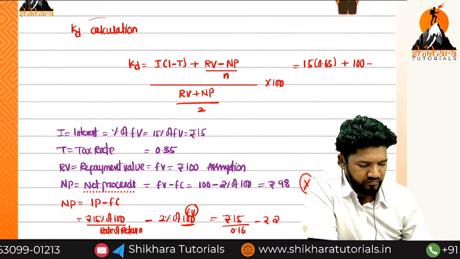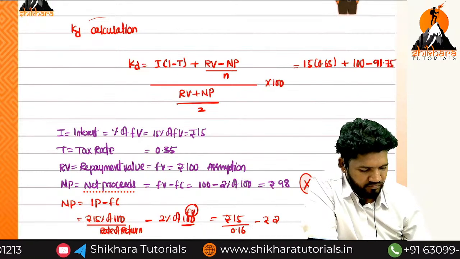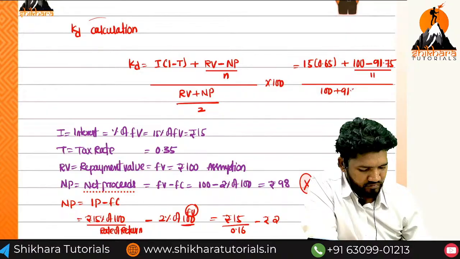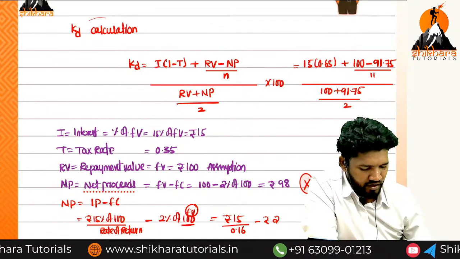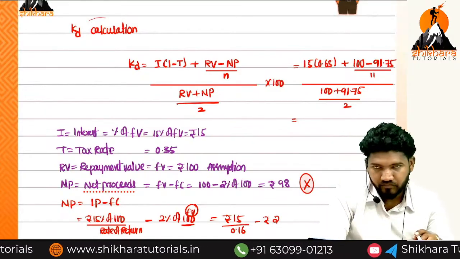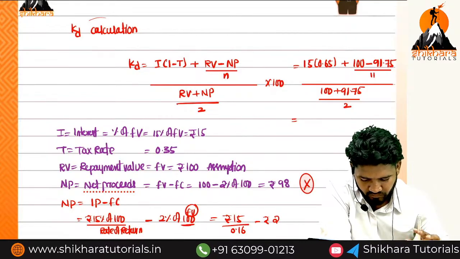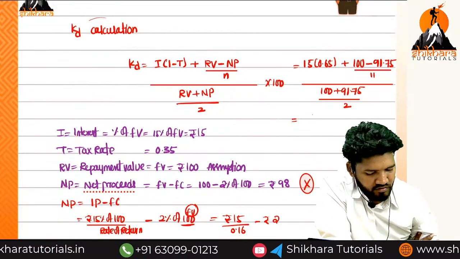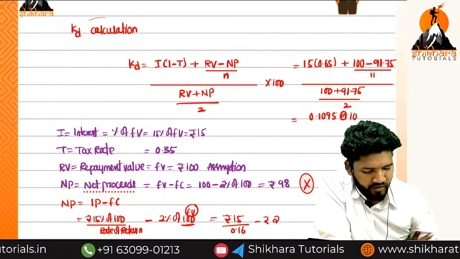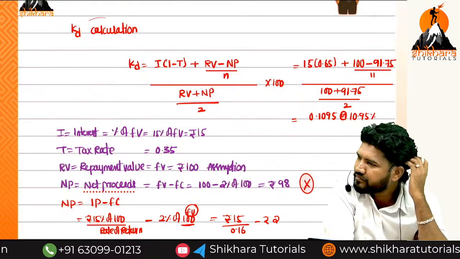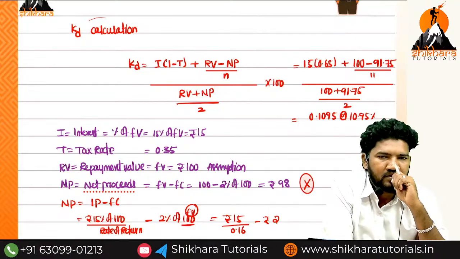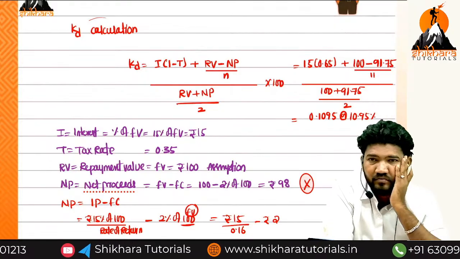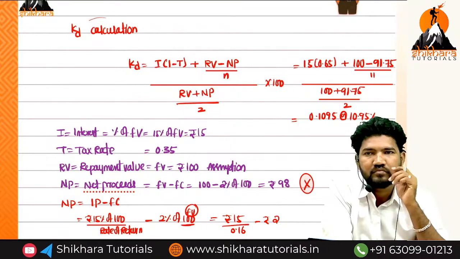Repayment value, net proceeds, answer. 10.95%. Sir, clear? KD is there, KE not there.